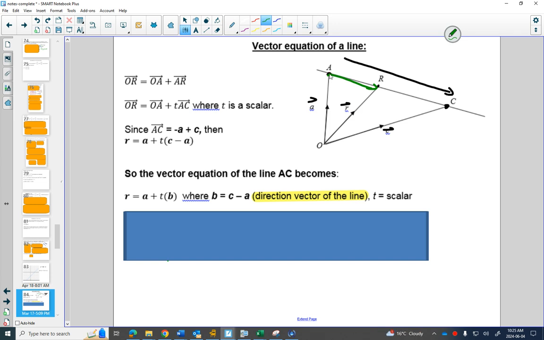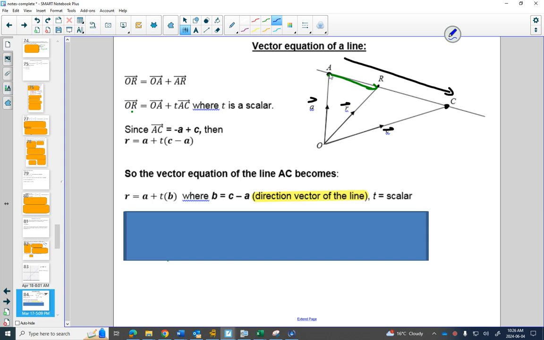This is the idea. If I wanted to get to point R as a vector, I could go to point A, and then I could go in the direction from A to C by some scalar distance, some proportion. Maybe more, maybe less. This is the idea of the vector equation of the line.